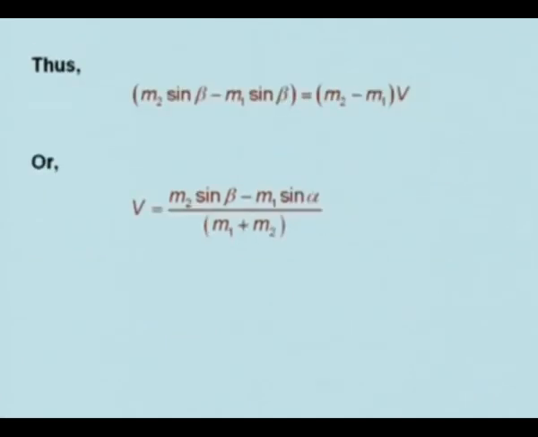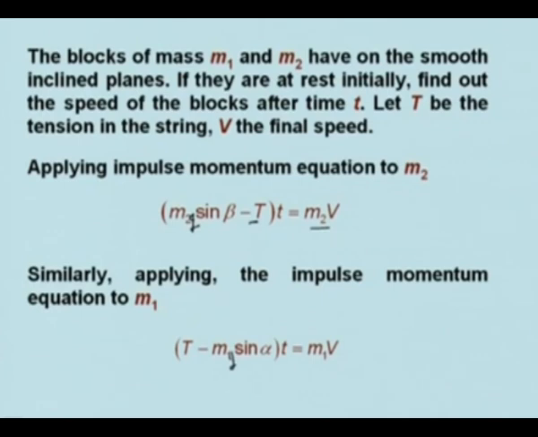So we get (M2 sin beta minus M1 sin alpha) g t is equal to (M2 plus M1) v, or we get v is equal to (M2 sin beta minus M1 sin alpha) g t divided by (M1 plus M2). So this is how we find out the velocity of the particles of masses M1 and M2 by applying the impulse momentum theorem. So the impulse momentum equation has provided us this.